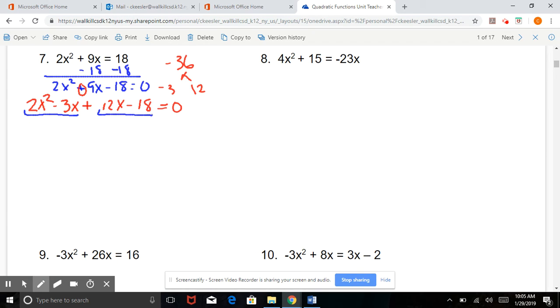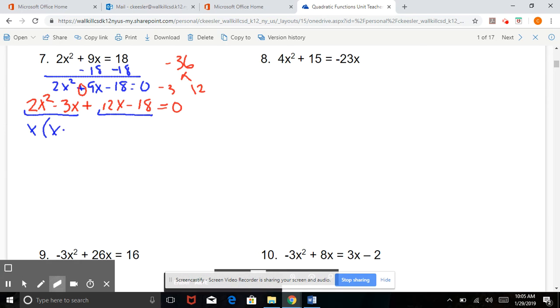From the first two terms, we can take out x, leaving us with 2x minus 3, as x times 2x is 2x squared, and x times negative 3 is negative 3x.